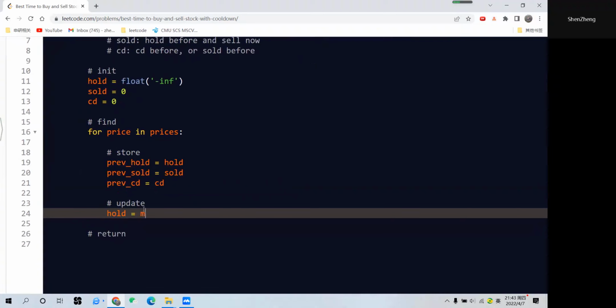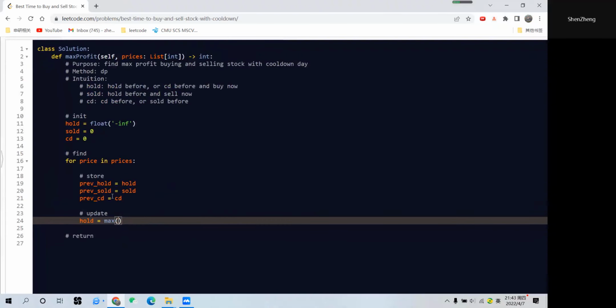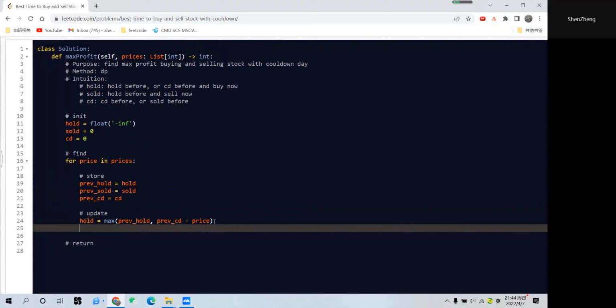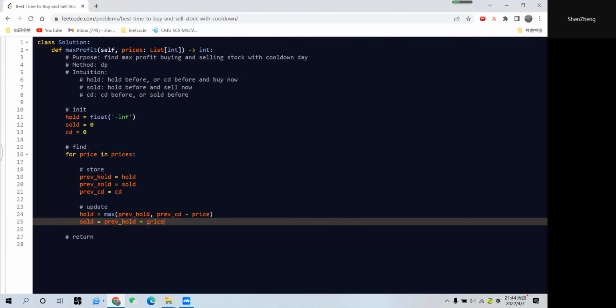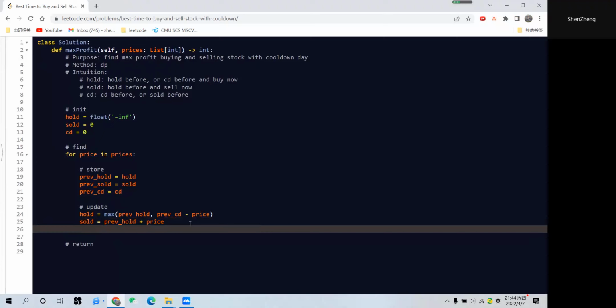Hold is the maximum between the previous hold and the previous CD minus price, right? Because if we do the purchase now, it costs us the price, so we do minus here. And sold should be just previous hold plus price, since we are selling the item now, so we are getting the revenue at this price. That's why we use addition here.